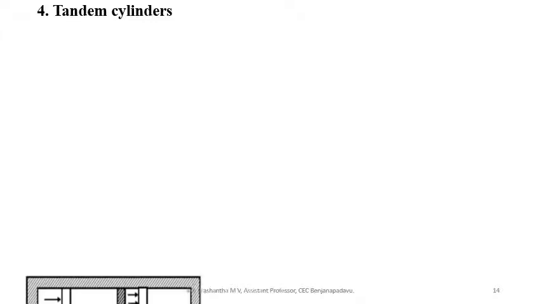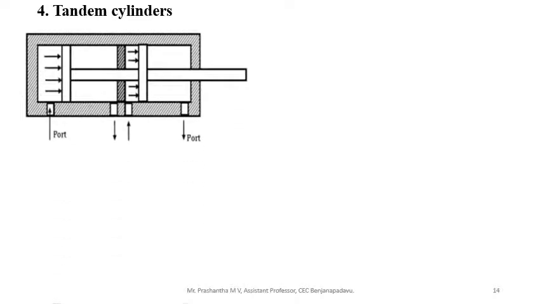And the last type, tandem cylinders. In tandem cylinders, more than one piston is connected, which means two cylinders are placed in series and more than one piston is attached to the common piston rod. Look at this.